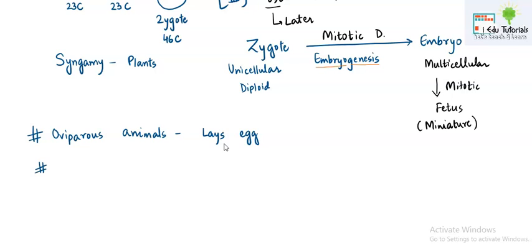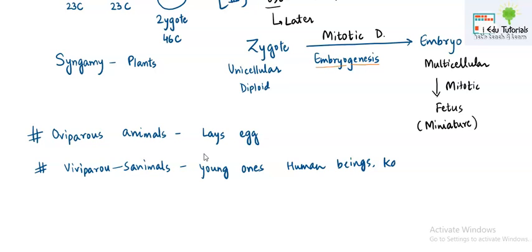The other type are the viviparous animals, which give birth to the young ones. Human beings are in this category, and kangaroos also. Dogs, cows, cats all come into the category of viviparous animals which give birth to young ones. Young ones resemble the adult after going through growth and development.